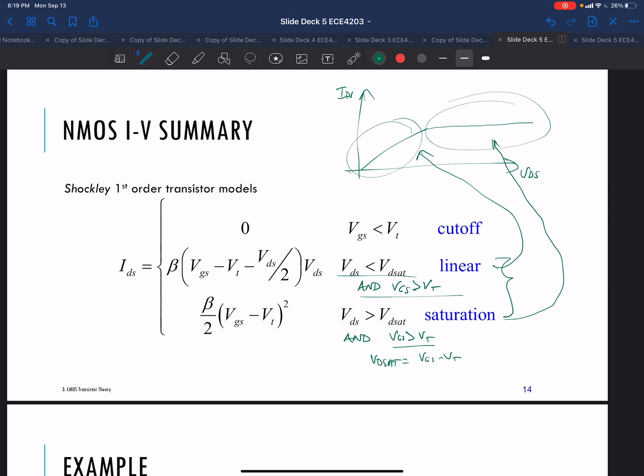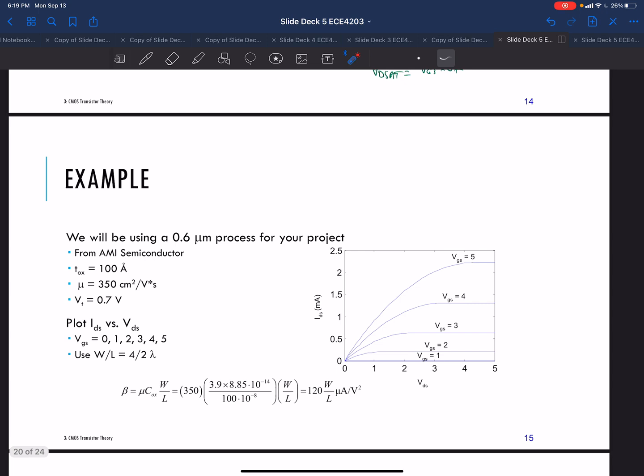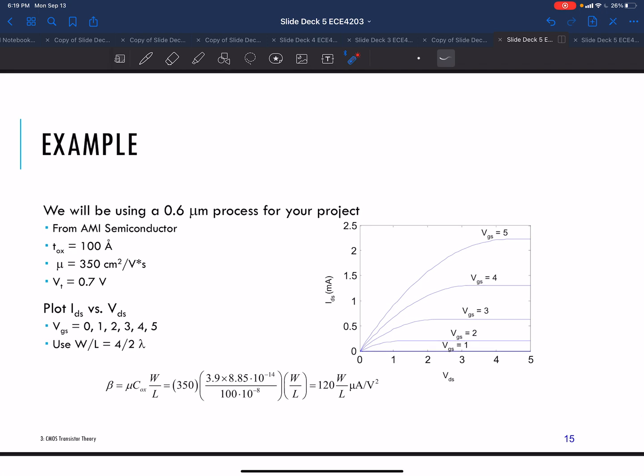You no longer have a dependence on VDS, but you have a square law dependence on VGS minus VT. Okay, so let's look at an example. This is a pretty old process. This is a 0.6 micron process.